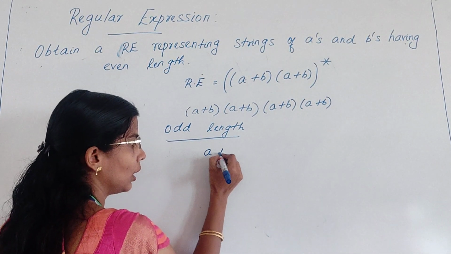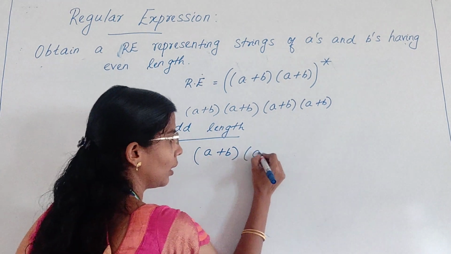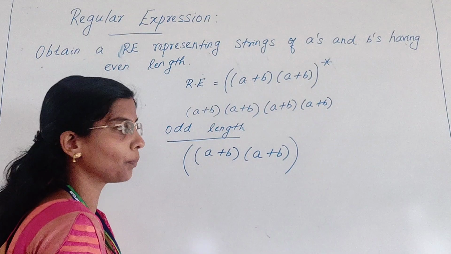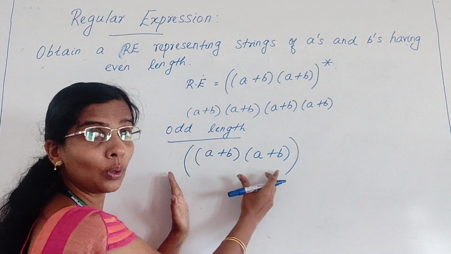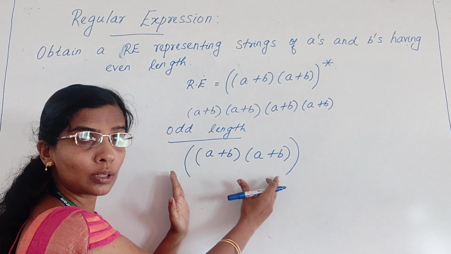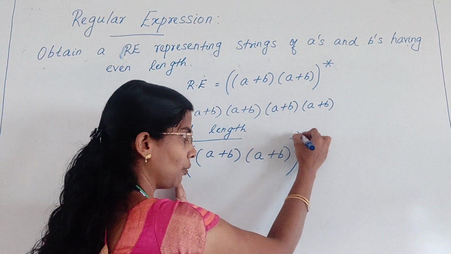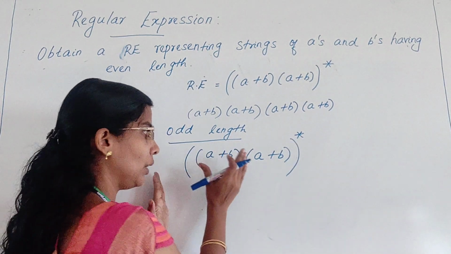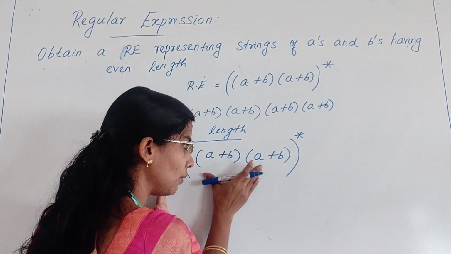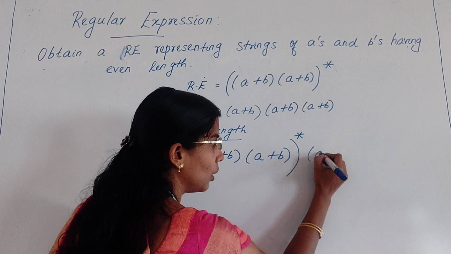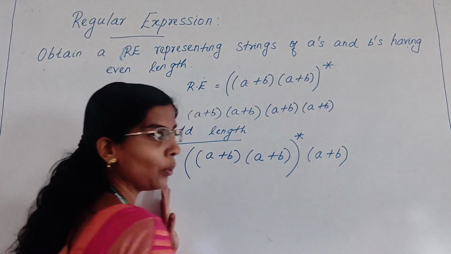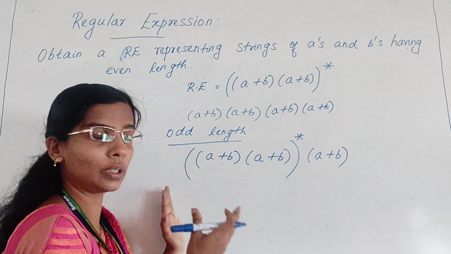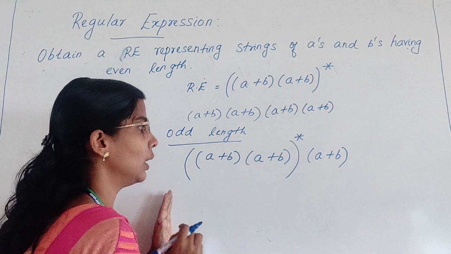Suppose this is my even length. This expression will give you strings of length 2. If I put a star, it will give strings of even length. If I multiply this even length of strings with A plus B one more time, I'll get odd length of strings.